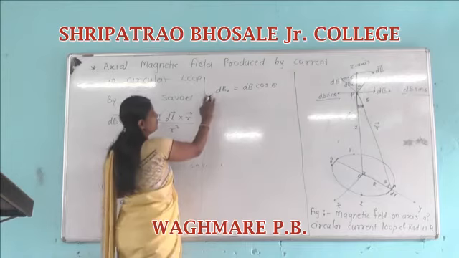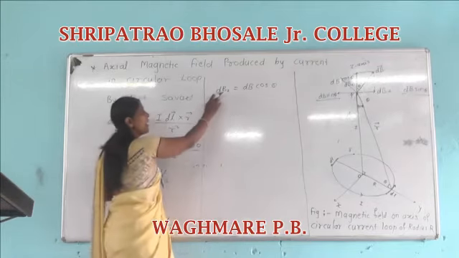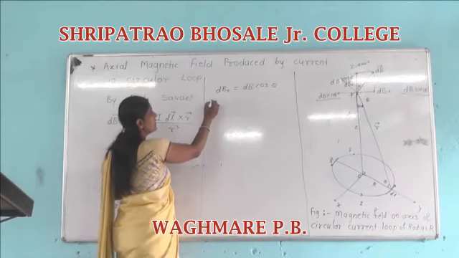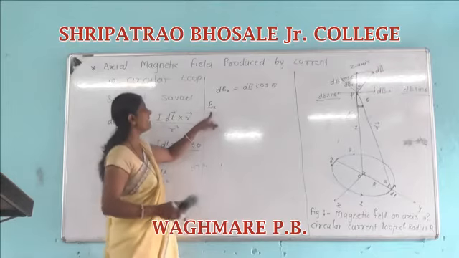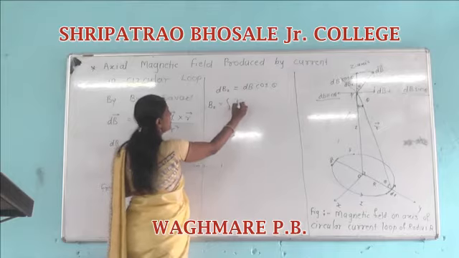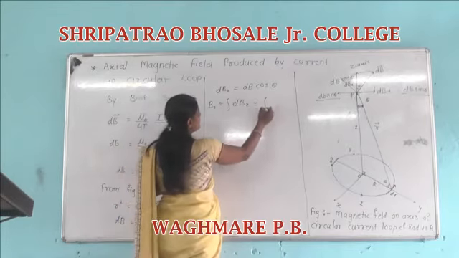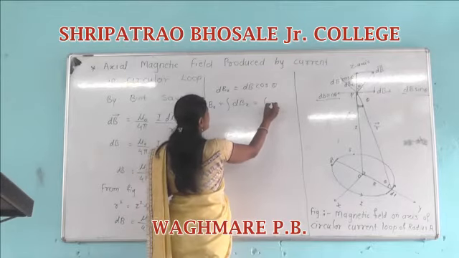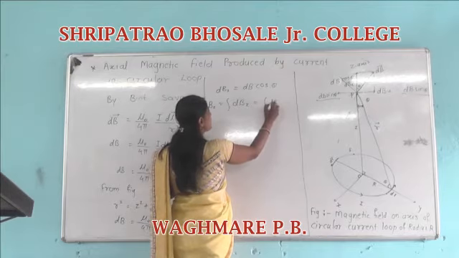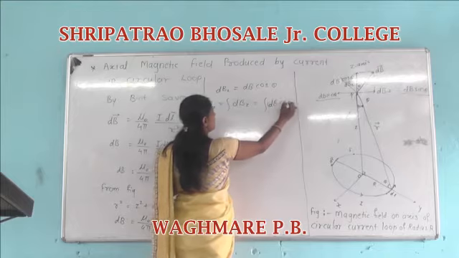Then we can find the total magnetic field at point P by integrating this equation. Therefore, Bj, or magnetic field along the z axis, is equal to the integration of dBj, that is, the integration of dB cos theta.